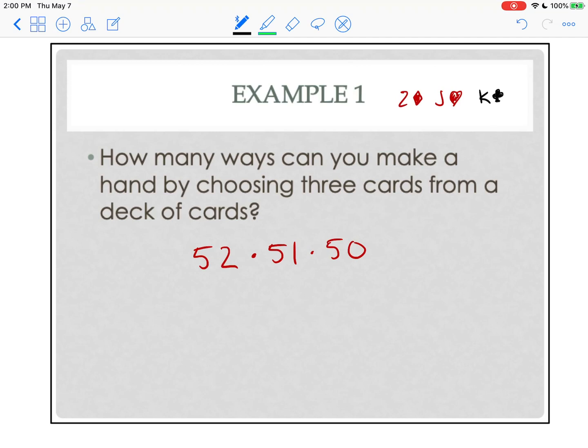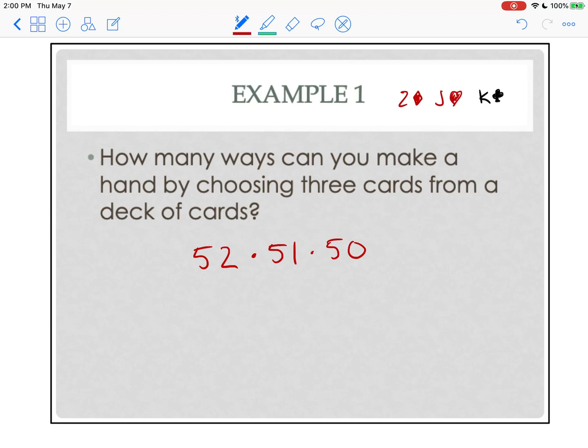These are my 3 cards. If I keep it in this order, that's fine. If I arrange the jack to come first and then the king and then the 2, or the king first and the jack and the 2, it doesn't change my hand. It's still the same 3-card hand.